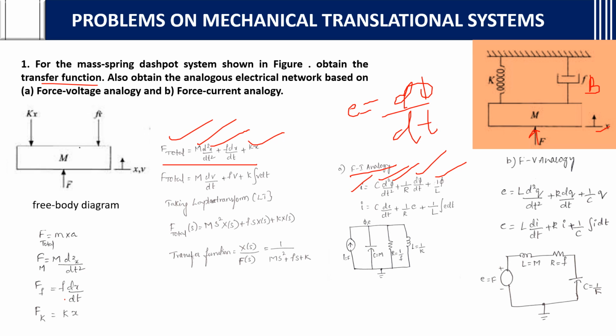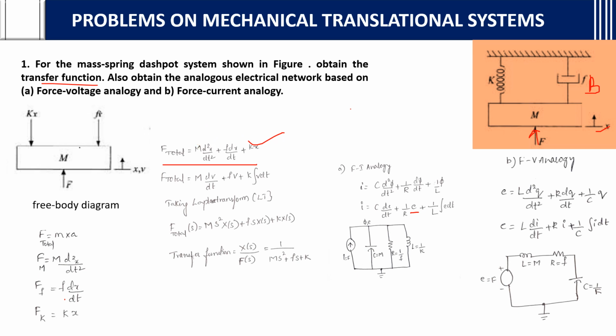So phi will become integral E dt, and d phi by dt you can substitute with voltage E. And d square phi by dt square, we write one of the d phi by dt as E, so it will become d by dt of E. Understanding? So till now we are done with force current analogy.